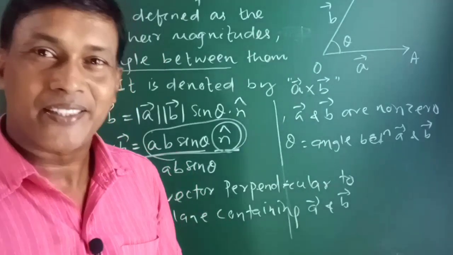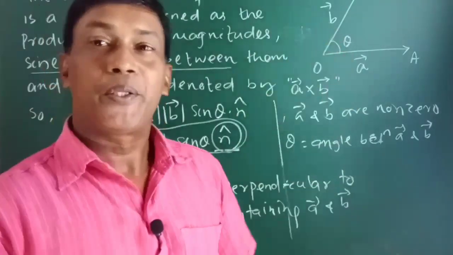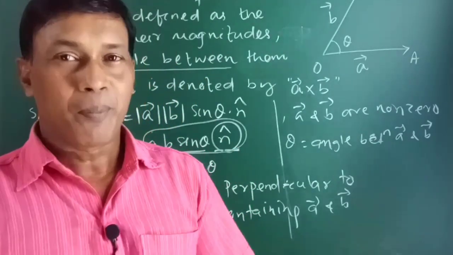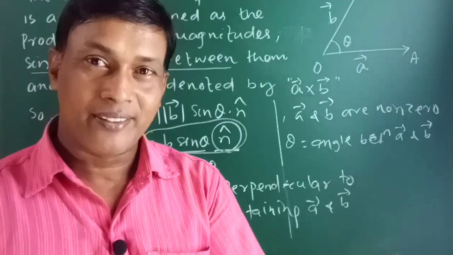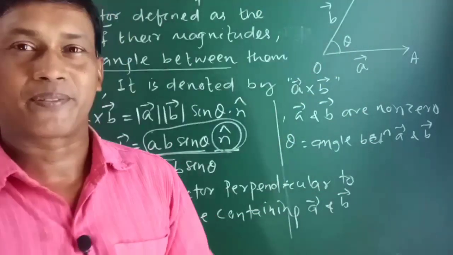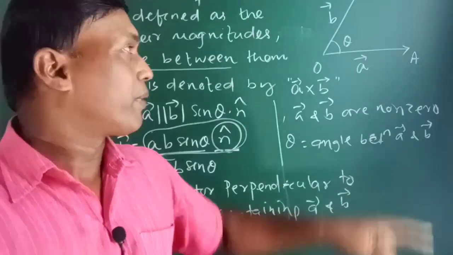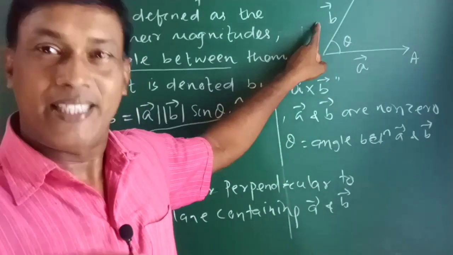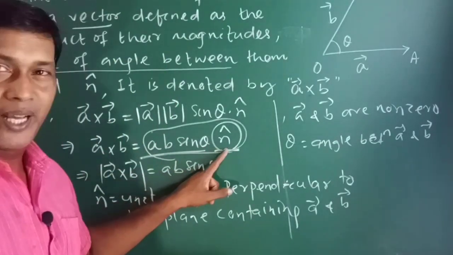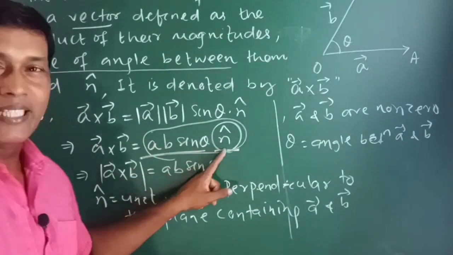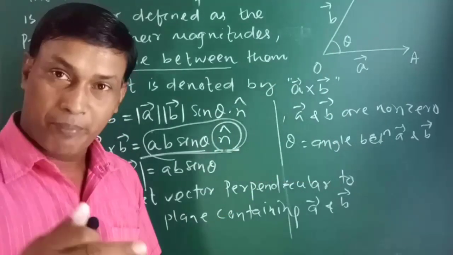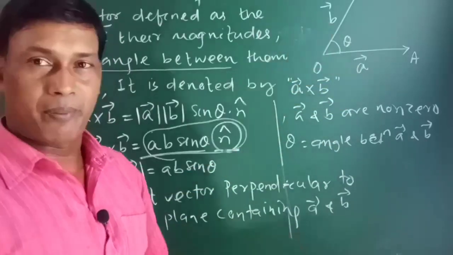An interesting thing is, suppose you are given two vectors, A vector and B vector, and the question is to find a vector which is perpendicular to both A vector and B vector. A vector which is perpendicular to A vector and B vector is A cross B, because A cross B has a direction n cap, and n cap is perpendicular to the plane, meaning n cap is perpendicular to both A vector and B vector.